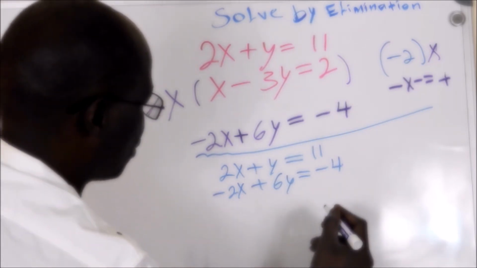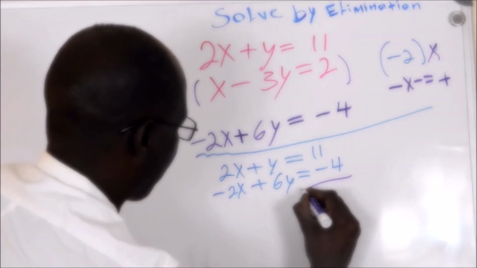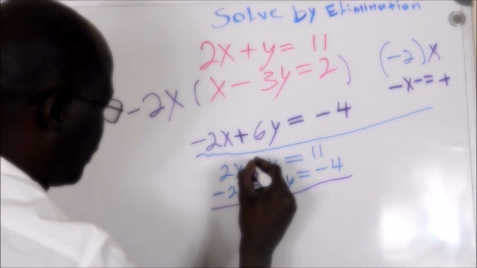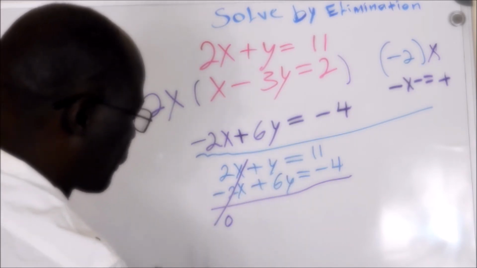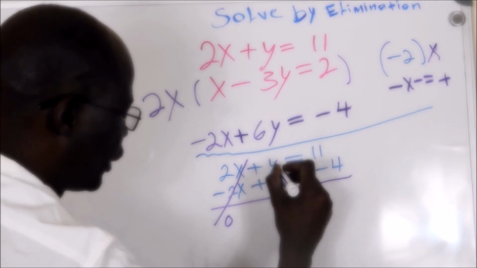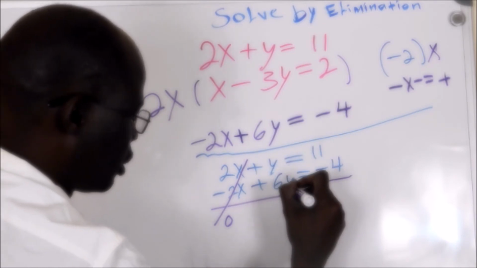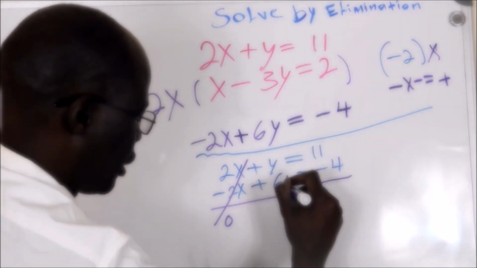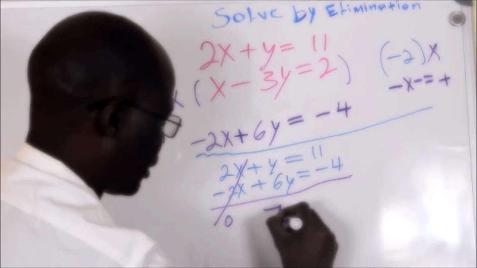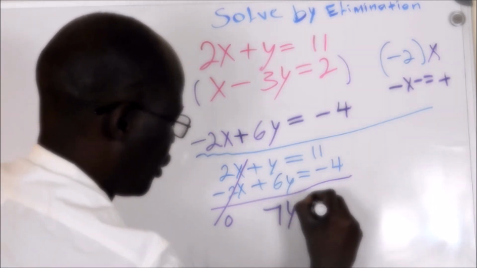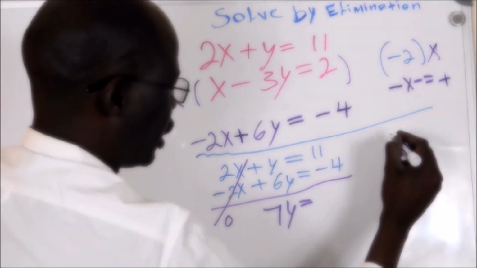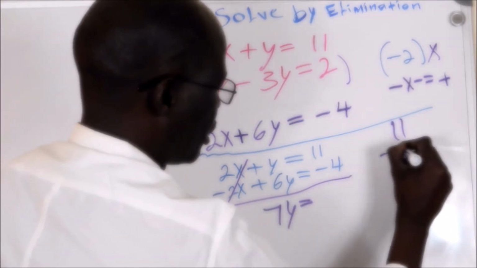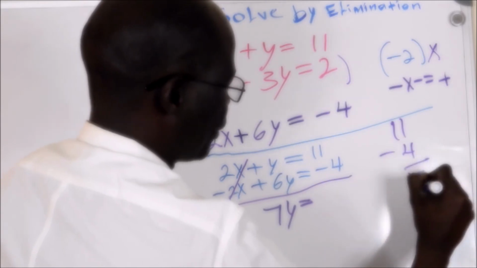And now we'll be able to say that those two x terms cancel, so I have 0 here, we eliminate x, and then we have 1y plus 6y, so we're going to have 7y equals 11 minus 4, which is 7.